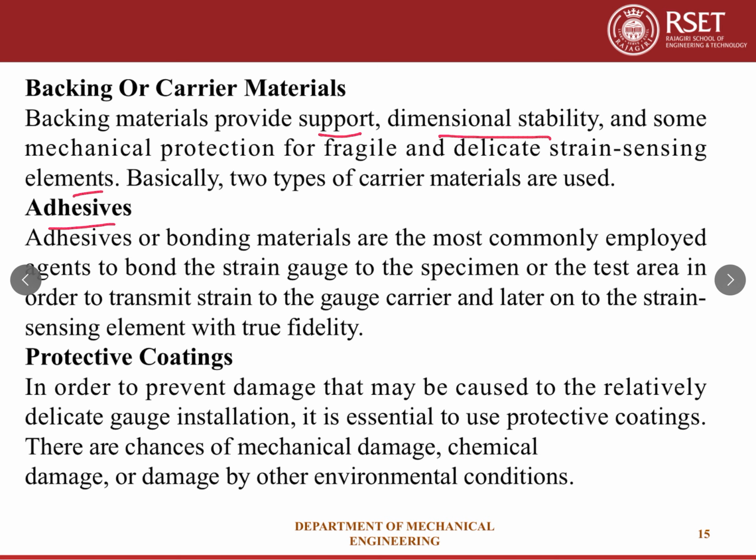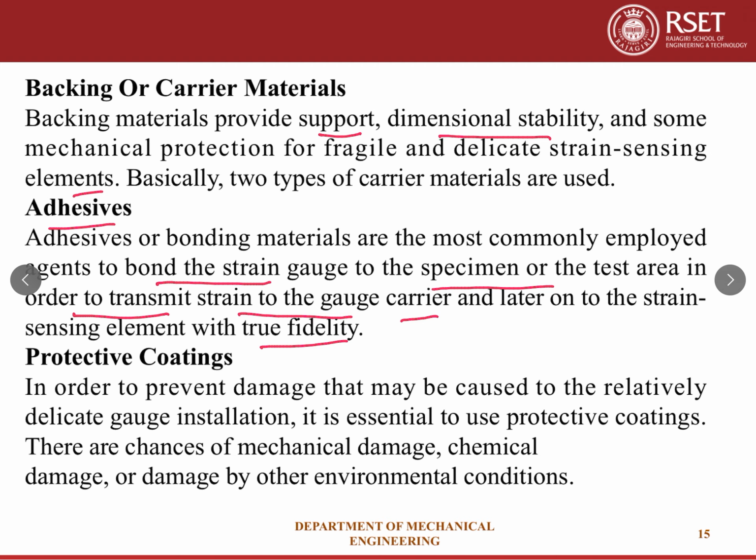Adhesive or bonding material is the most commonly employed agent to bond the strain gauge to the specimen or test area in order to transmit strain to the gauge carrier and later on the strain sensing element with true fidelity. Fidelity we have seen as a dynamic characteristic of an instrument that explains how reliable our instrument is towards a given input.